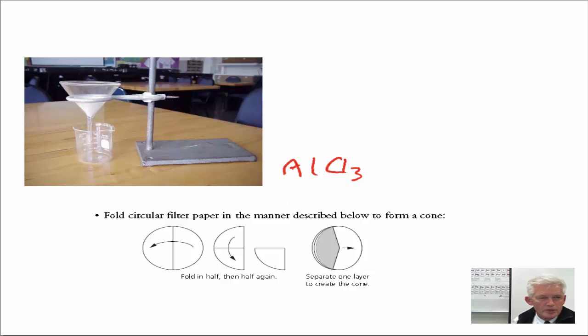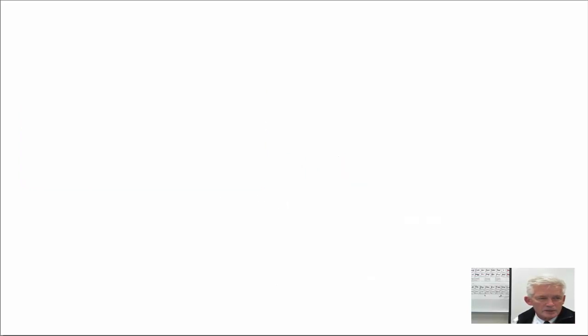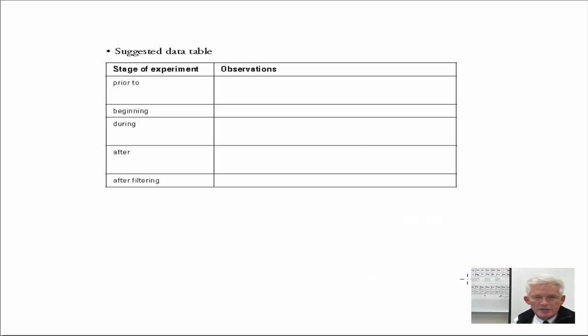You will then do something really fancy and make sure that you have been keeping a data table as you go along. These are the kind of things you're going to write down. The fact that it is aluminum, how do you spell aluminum? Aluminum is shiny. That's an obvious one. Copper 2 chloride, you could give the color of that.